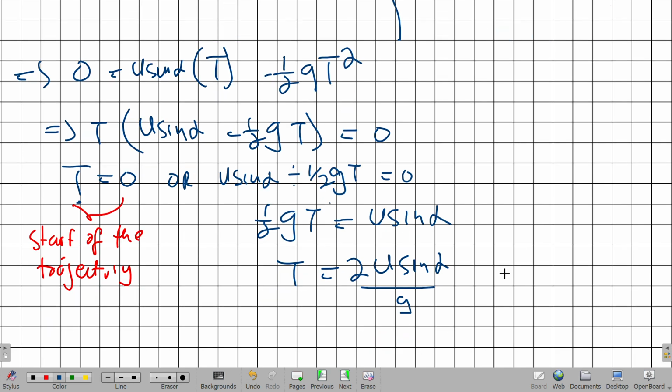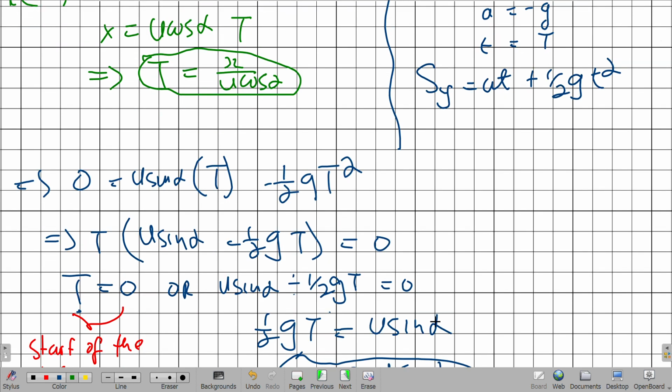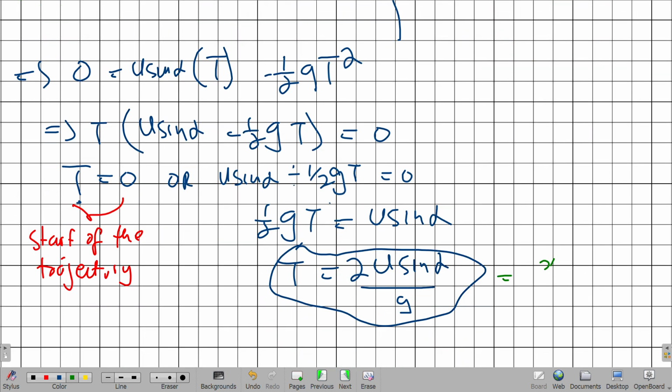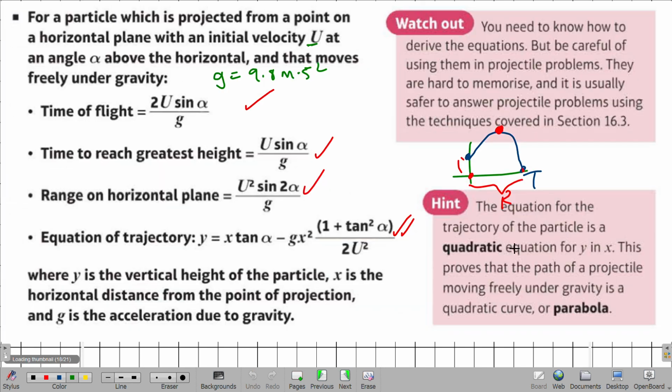And if you could see, this is the time of flight, which obviously is the same as the formula that we are trying to prove here, which is given here as T. This is our T. So the first part has been proved.